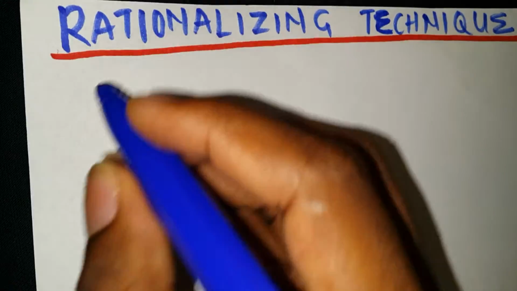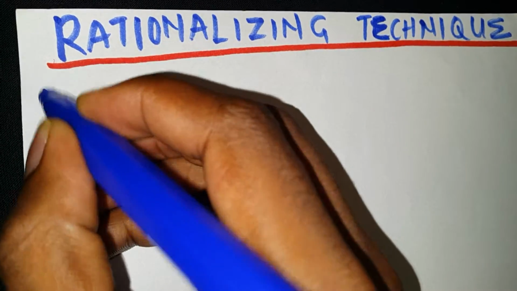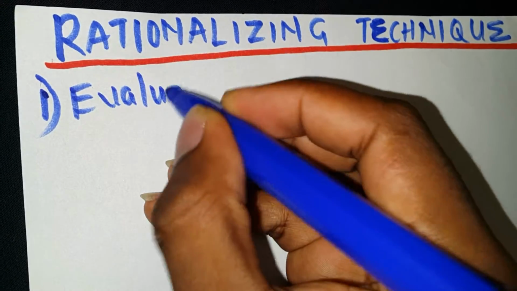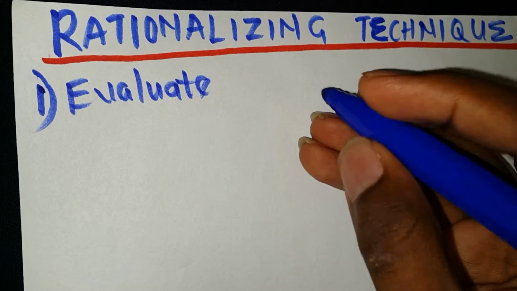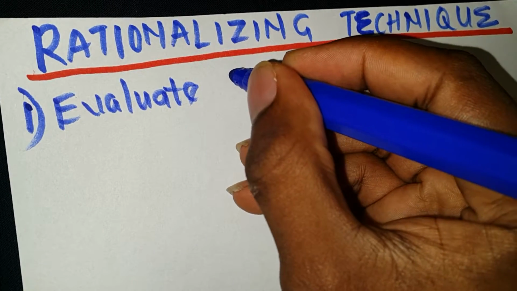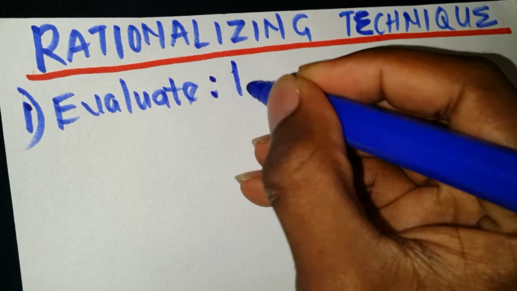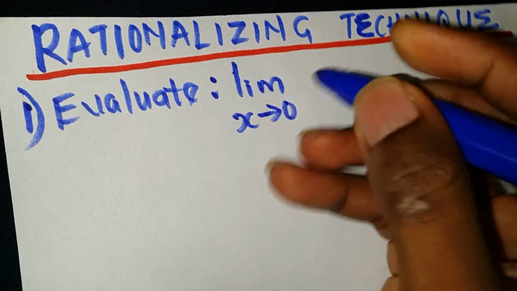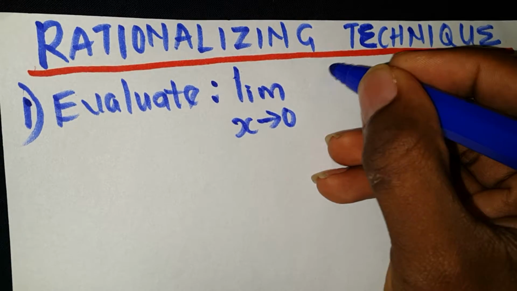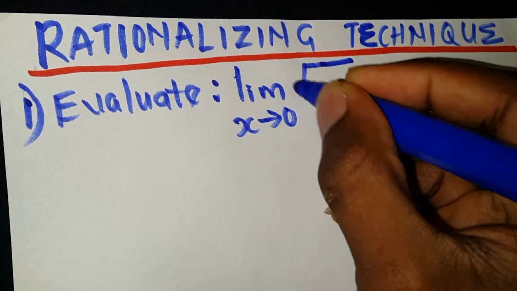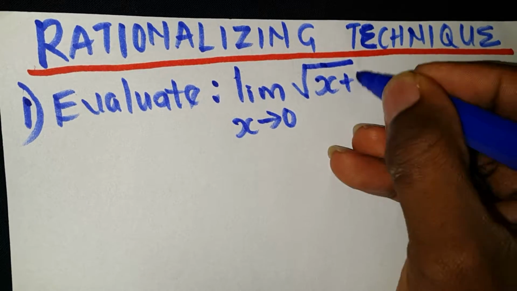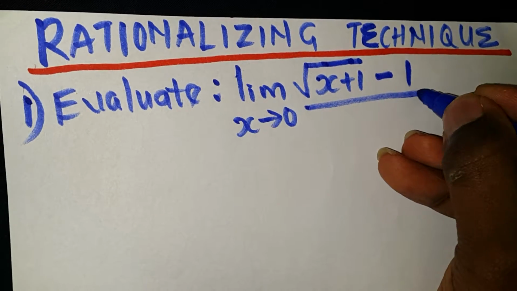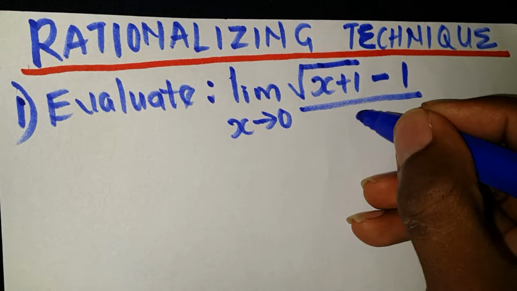The first example here, we are asked to evaluate the limit when x tends to 0 of the square root of x plus 1 minus 1, divided by x.